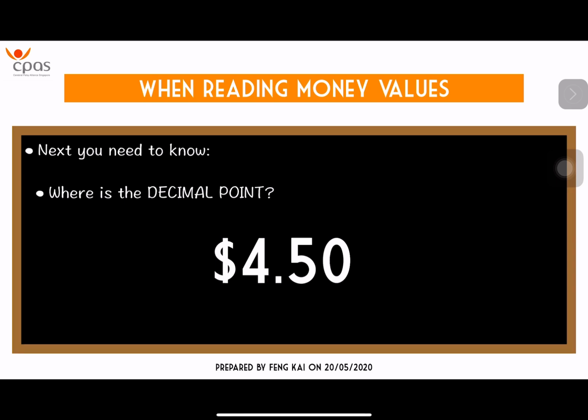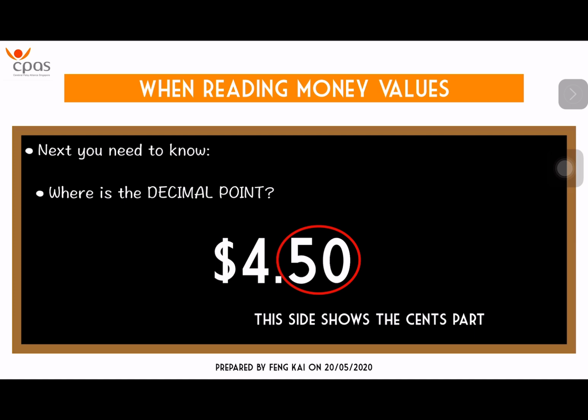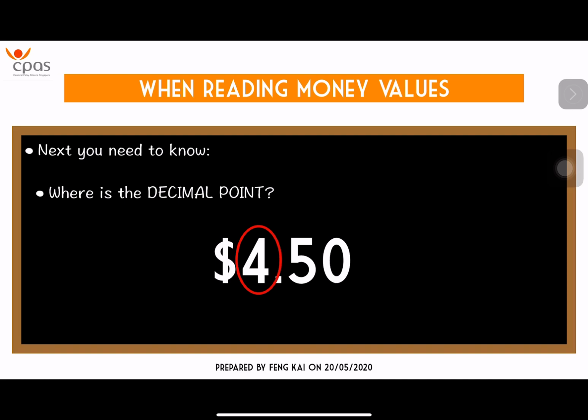The decimal point only appears when you're showing the dollar part and the cents part, if any. In this case, the last 2 digits, 50, is the cents part. Then the number on the left hand side of the decimal point is the dollars portion.